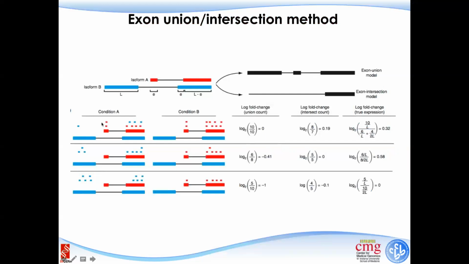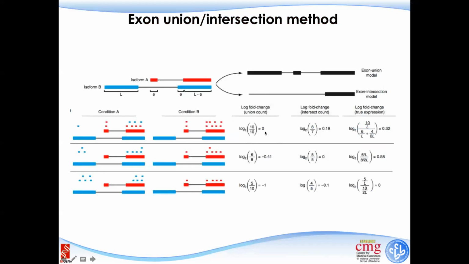So in condition A, this is the case. We have 6 reads from isoform A and 4 reads from isoform B. And in condition B, we have in total 10 reads from isoform B. So if we use the union count, this is 10 reads in A and 10 reads in B, divided by the total length.